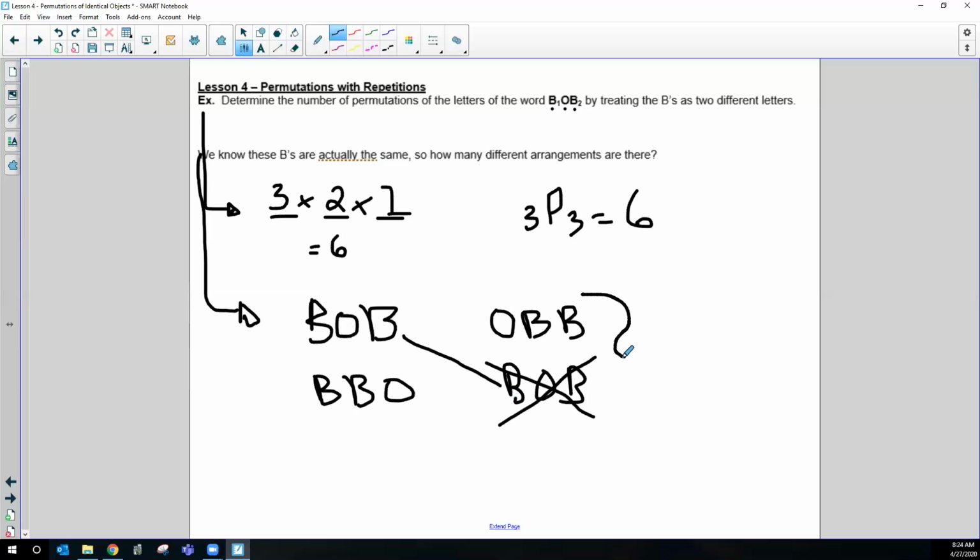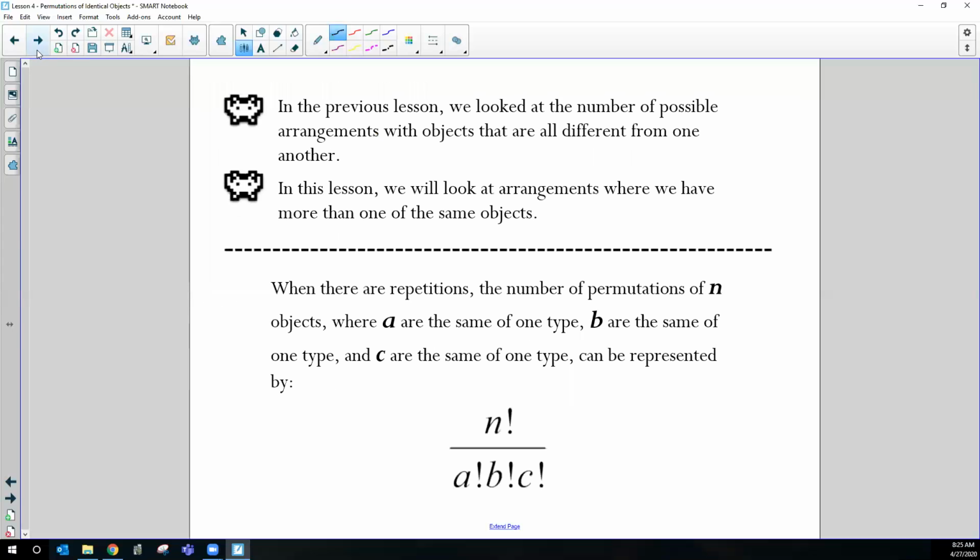So another way is 3 factorial, these are the 3 ways of counting this. What we are going to do now is use the same type of counting, but divide by something. In the previous lesson, we looked at the number of possible arrangements when they're all different.